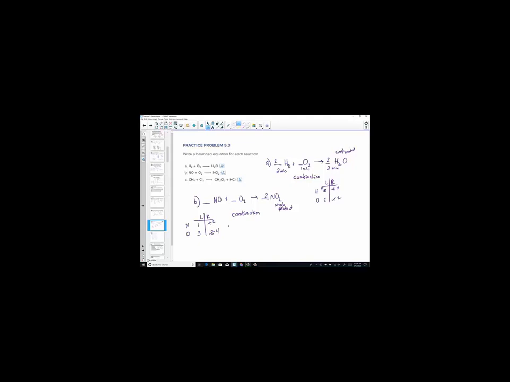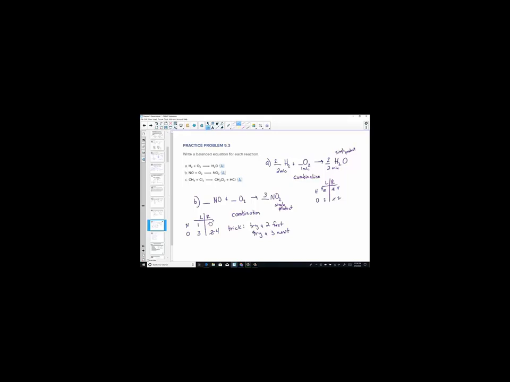Now my trick for this, when it didn't work by using a 2, when it didn't work first, go to a 3. What I'm saying is, I put 2 in front of the NO2 and I couldn't get the oxygens to balance. So what if instead of a 2, I put a 3 there?